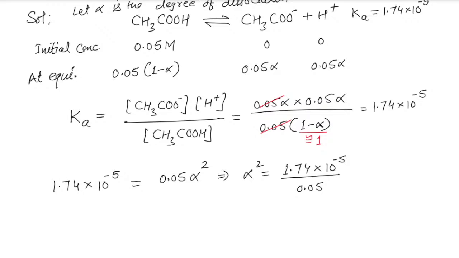So in this way, what would we get? We have to calculate the degree of dissociation, so what is alpha? Alpha square is equal to 174 over 5.